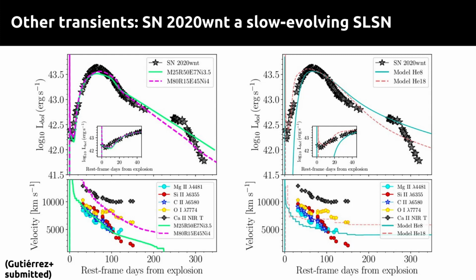So for this object, we favor the radioactivity powering. However, we said that CSM is also a possibility, but we don't have the models for that because the object is very extreme.